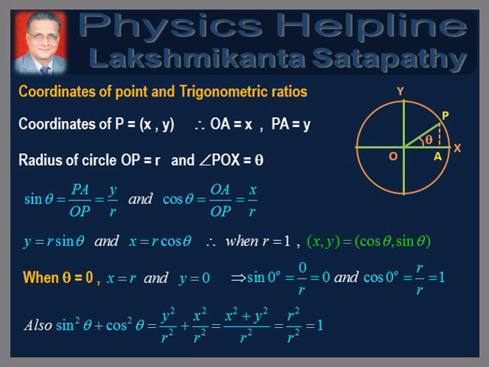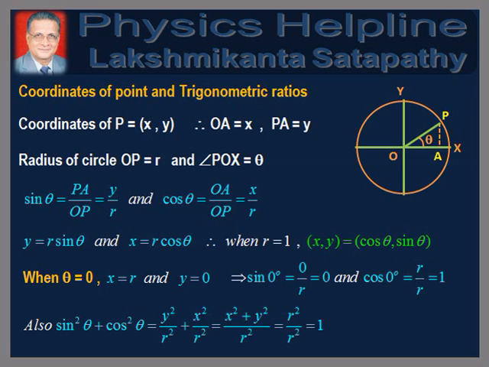Now let us understand the relation between the coordinates of a point and the trigonometric ratios. Consider a circle of radius r having its center at the origin O as shown. Let the coordinates of P be x, y and angle POX be equal to theta. Therefore, we have OA is equal to x and PA is equal to y.